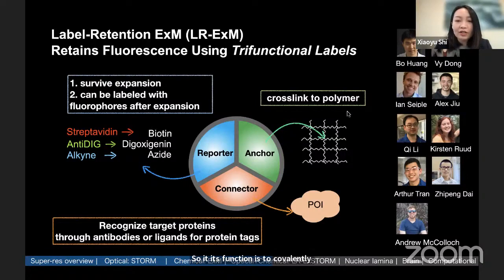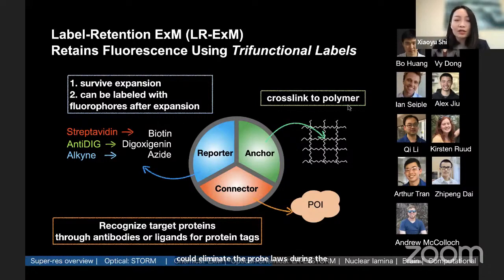So during the digestion step, even if you lose all the proteins, you can still have the label in the original place, because this trifunctional linker just covalently cross-links the reporter onto the polymer. So with this trifunctional linker, we basically could eliminate the probe loss during the polymerization and the digestion steps.